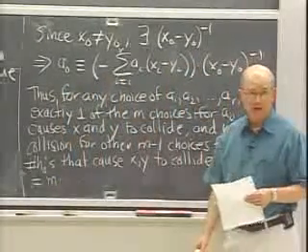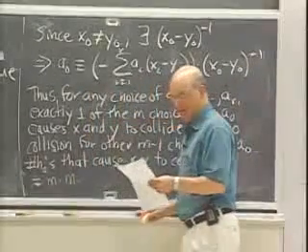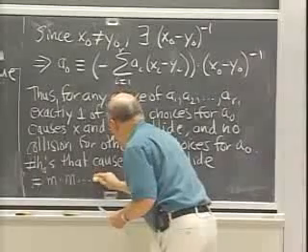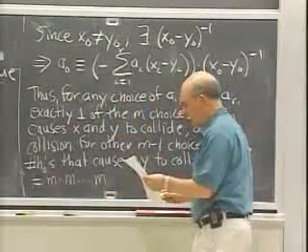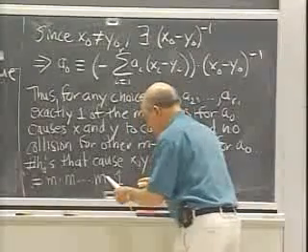There's m choices for A1 times m choices for A2 up to m choices for AR, and then only one choice for A0.